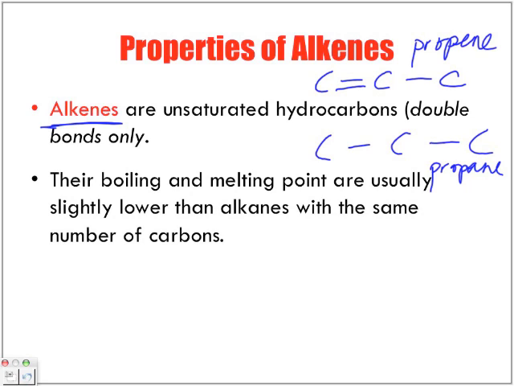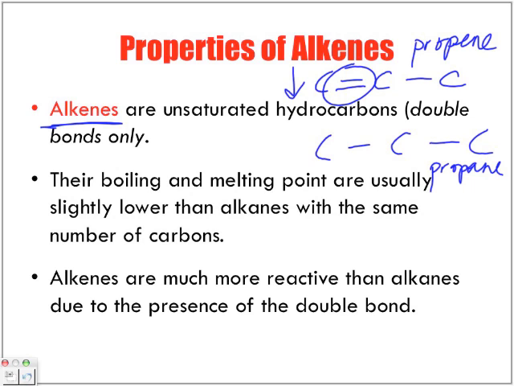Notice the double bond. When we're talking about their boiling points and melting points, they are going to be lower than the alkane counterpart with the same number of carbons but a different number of bonds between them. Also, because of the double bonds found in these alkenes, they are considered much more reactive than alkanes because of the presence of this double bond.